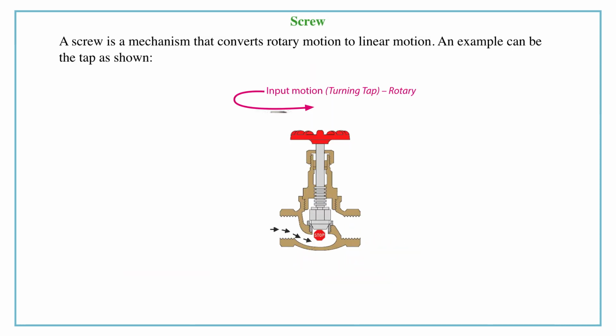Let us now see the screw. This is a mechanism that converts rotary motion to linear motion. An example can be the tap shown over here. When the handle is turned, the stop will move upwards and water will flow.